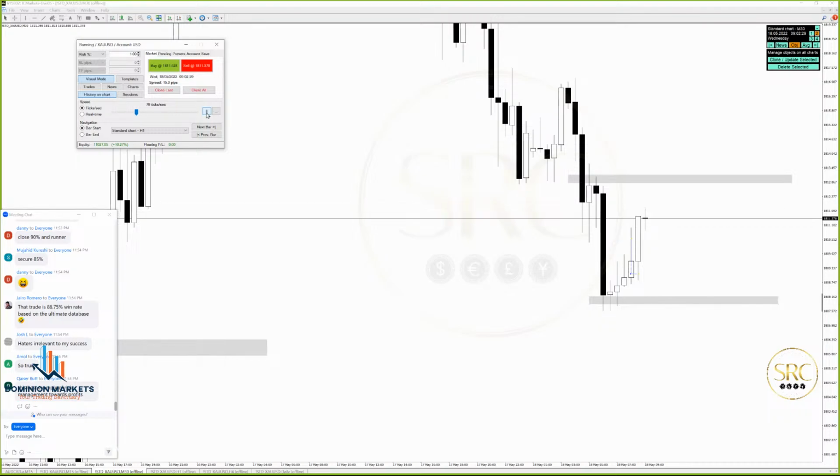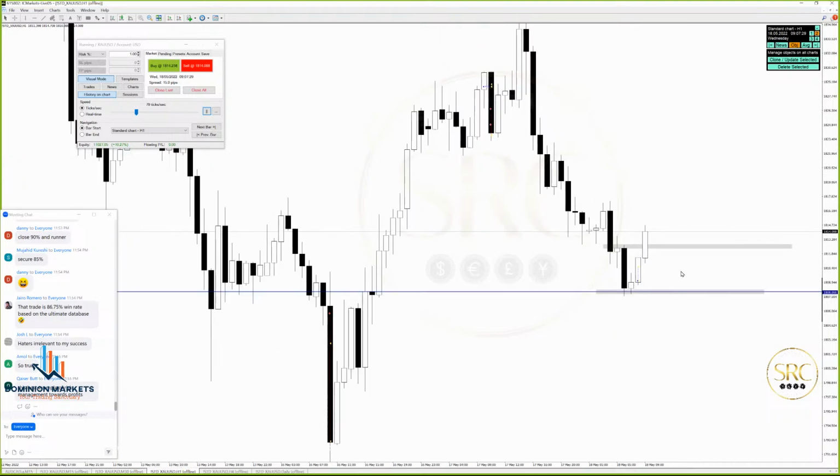Now we've got to wait for some sort of a resistance to form so we can continue pushing down. Oh wow, what's happening over here? Damn. This is actually still moving bullish.